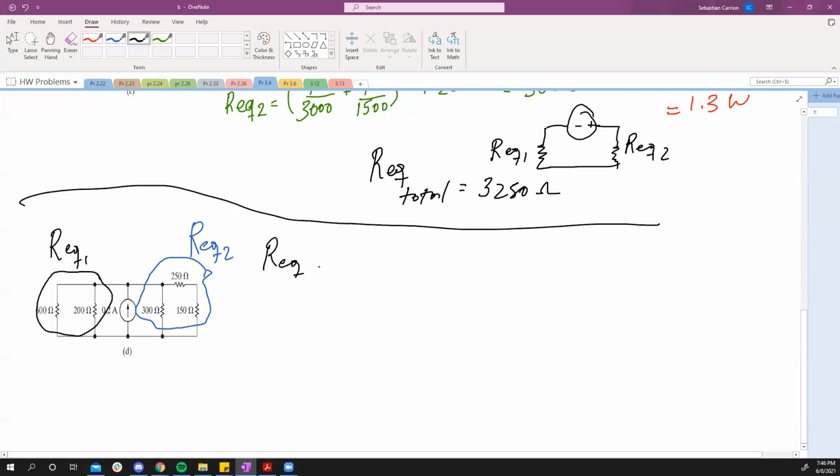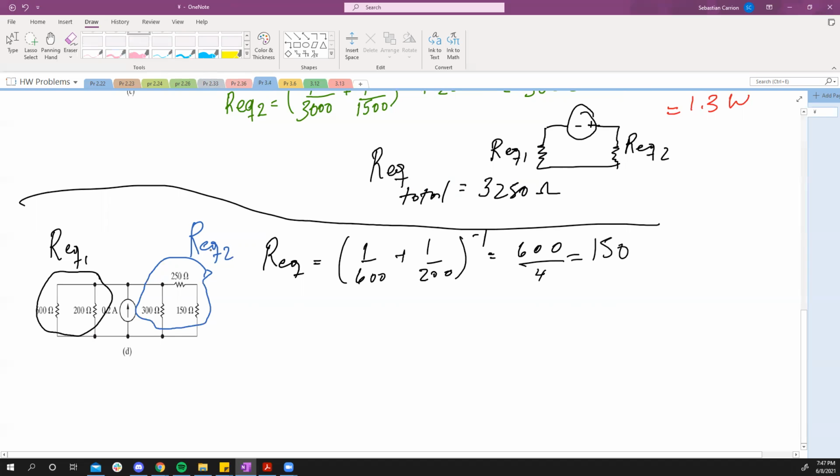So R equivalent 1 is 1 over 1, 1, 3 plus 1, 4, 600 over 4, I believe. Yep. 150. And then R equivalent 2.